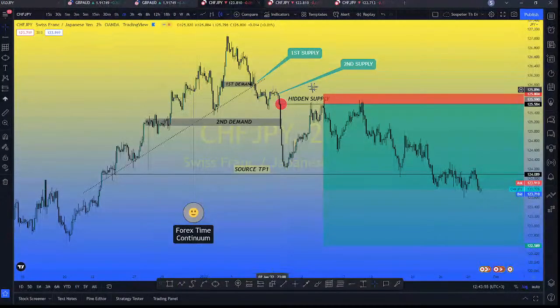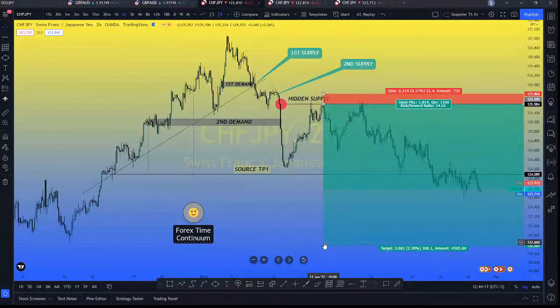So you have to go to the lower time frame, 15, and check if there is some hidden supply. Once you get used to it, when you see a hidden supply or these two kissing candles, you don't even need to go to the lower time frame, you just dive in. It comes automatically.